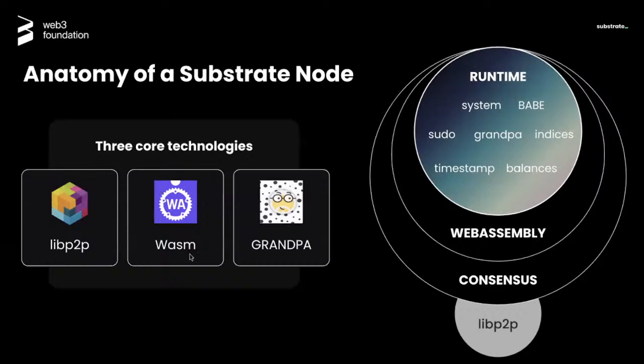And then the core logic of the blockchain is all coded and deployed as a WebAssembly blob. WASM is the next frontier in blockchain technology. You see many blockchains trying to adopt WASM, because WASM is cross-platform, so it can run on browsers.